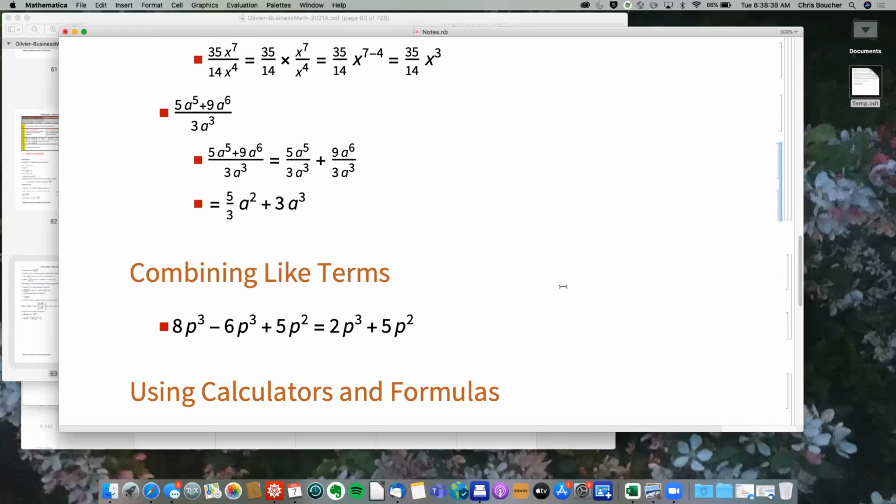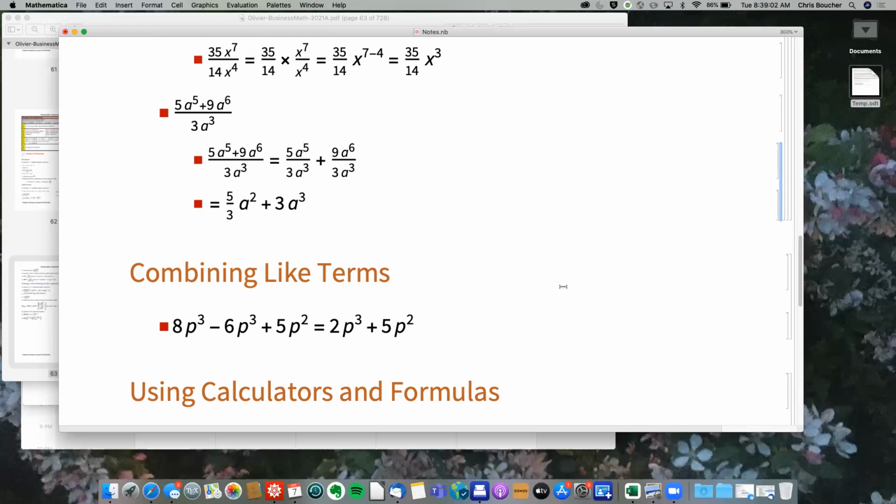Good, excellent, right? So those 2 are like terms. And how do you combine them? I should say, when you combine them, what do you get? Good, right? So careful with your signs. -6 and -5 is -11. So when I combine these 2, I get -11 x squared.